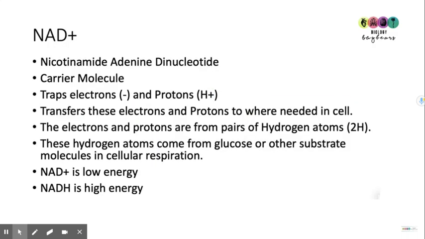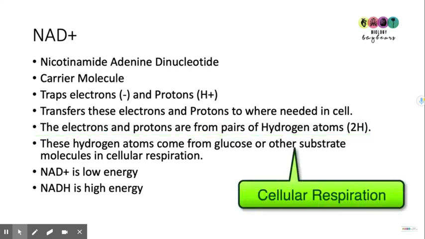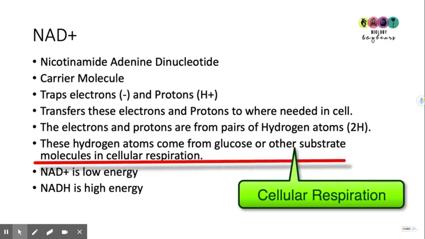So there's one other proton that needs to be added into the equation. So let's sum up. NAD+ is known as nicotinamide adenine dinucleotide. It's a carrier molecule, and it traps electrons and protons and transfers these to where they're needed in the cell. The electrons and the protons are from pairs of hydrogen atoms, and because we're getting ready to study cellular respiration, we're stating that these hydrogen atoms come from glucose or other substrate molecules in cellular respiration.